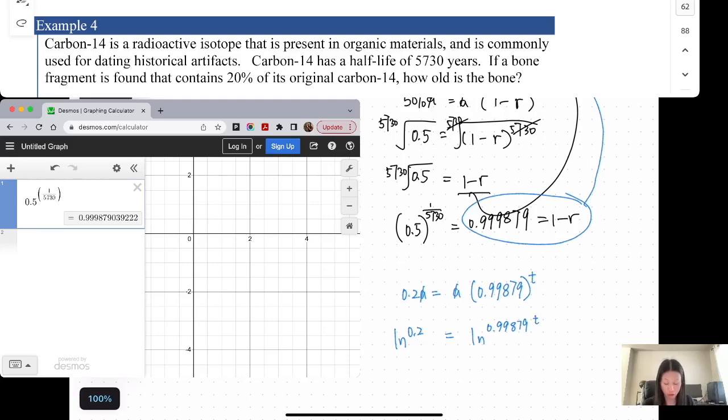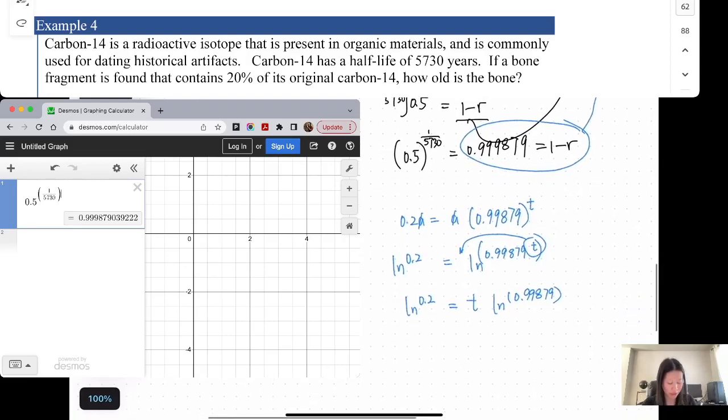And by the exponent rule of logarithm properties, I can pull out the t to the front. So I have ln 0.2 equals t times ln 0.99879. I should write this in here.